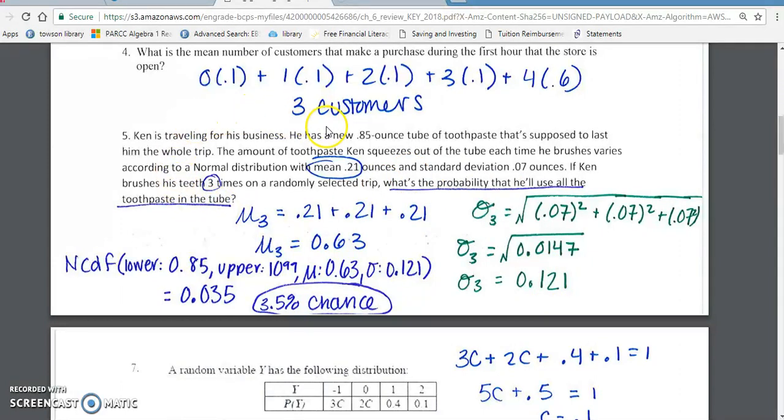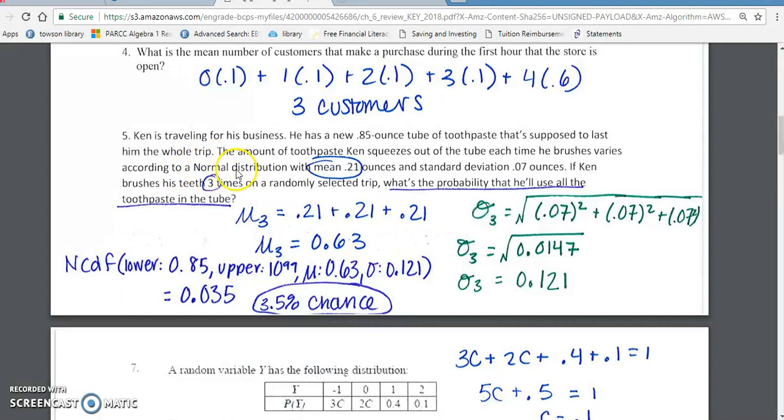You had to go back to the top of the problem. There's 0.85 ounces in the tube of toothpaste. It's a little guy. So he's going to use about 0.63. So what are the chances that he just squeezes out too much and ends up using the entire tube of toothpaste? We'd have to use the normal curve. Here they let us know it was a normal distribution.